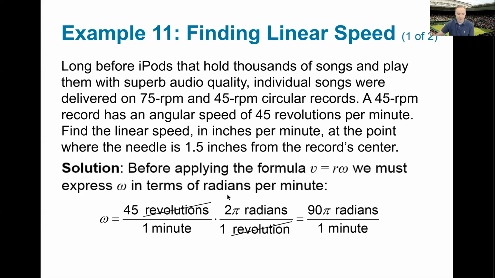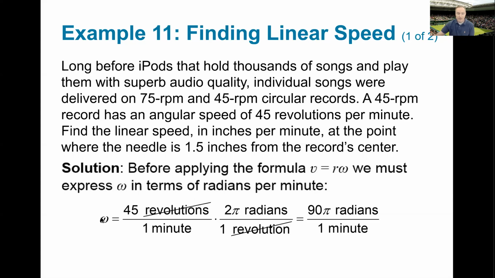So I put over here 45 revolutions over 1 minute. I need to get rid of revolutions. Each revolution is going to have 2 pi radians. So what is this answer going to be measured in? It's going to be radians per minute.